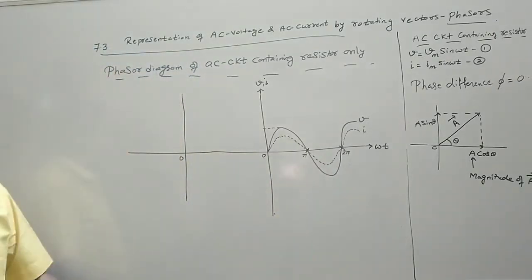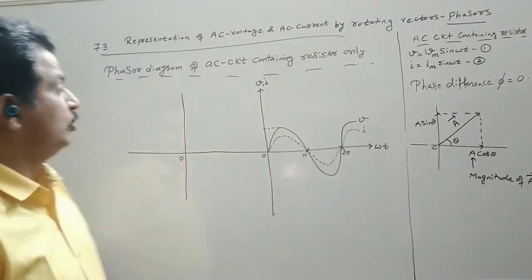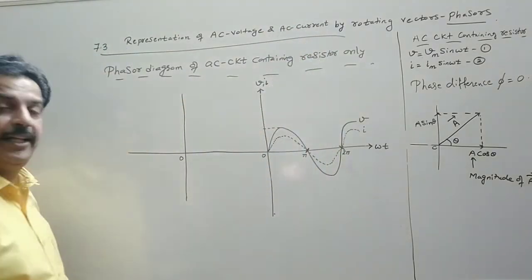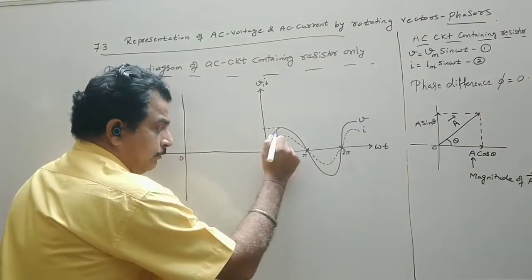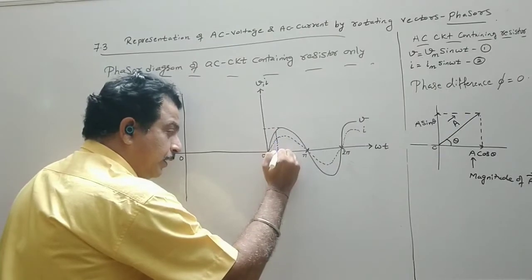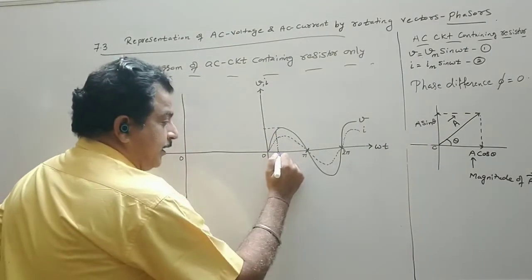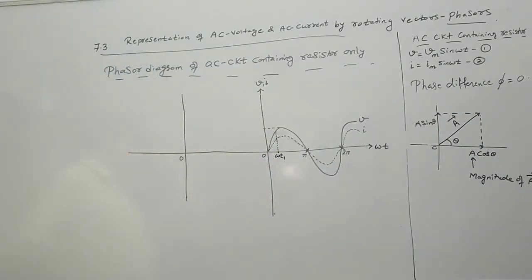Now let us draw the phasor at any time t1. So the phasor diagram of an AC circuit containing a resistor at any time, say t1. So we take a common time, like this, we drop a perpendicular. This is called omega t1.